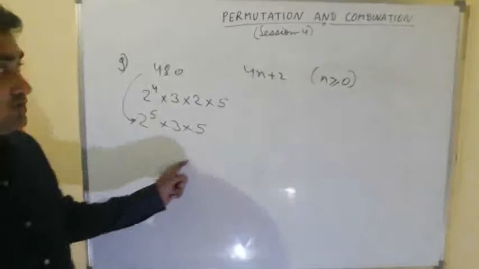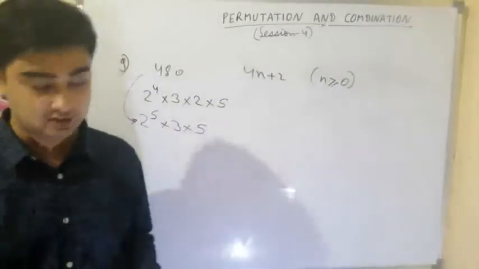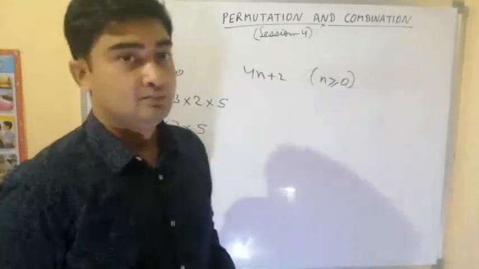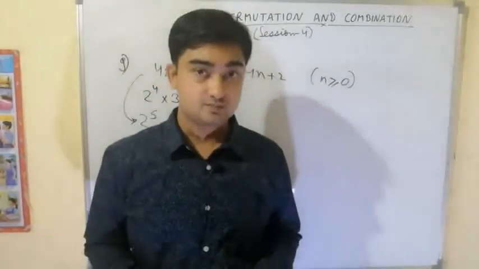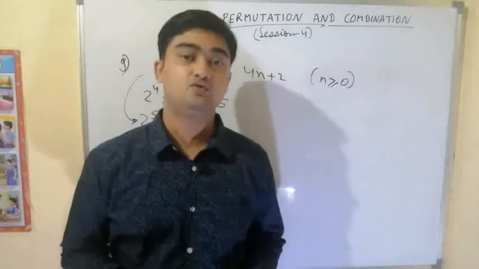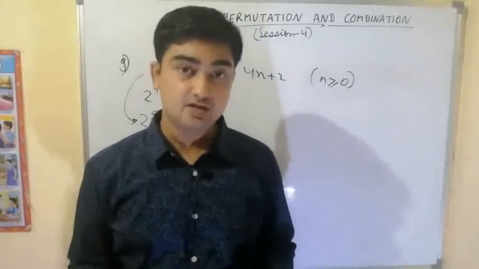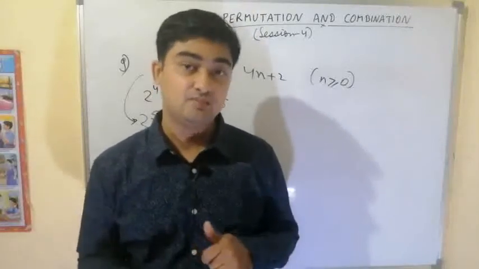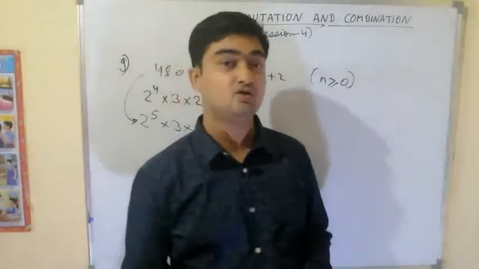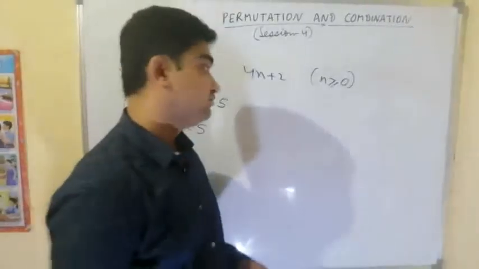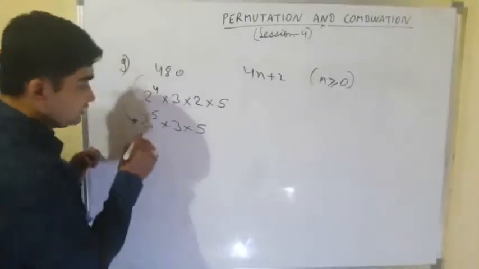From these factors you have to select the factors which are of the form 4n plus 2. How to select a factor of the form 4n plus 2? A factor of the form 4n plus 2 means that factor is an even number, but that is not a multiple of 4. So we have to select the factors which are even, but they are not a multiple of 4. There are how many 2's?